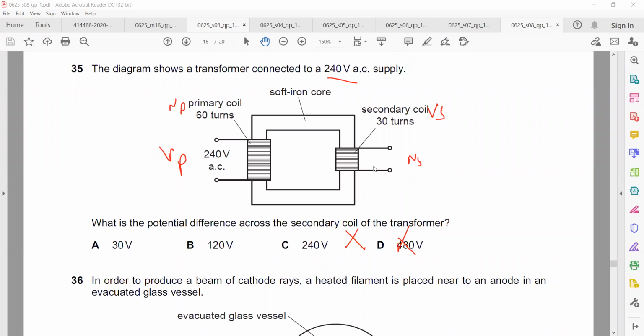The ratio of the voltage and the ratio of the turns is always the same. You can just work out the turn ratio, and the voltage ratio should also be the same as the turn ratio. So B is the right answer for this.